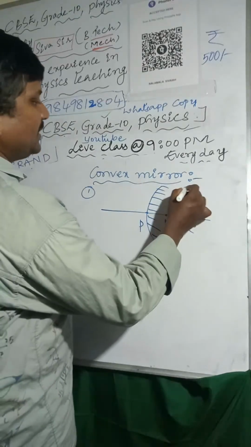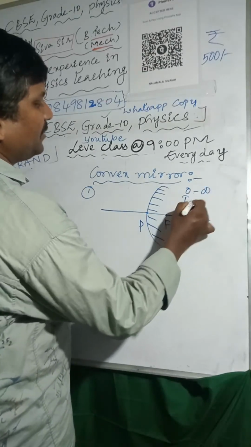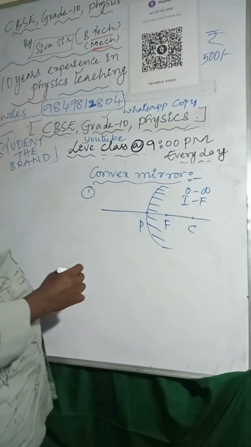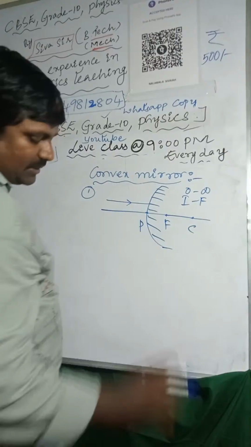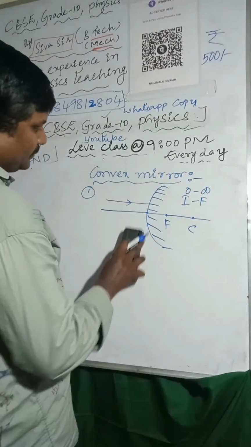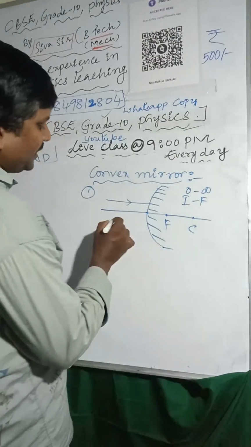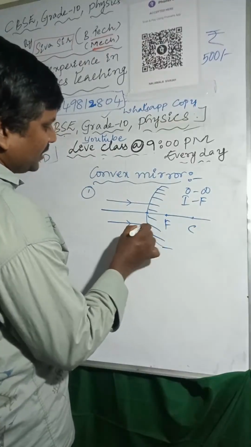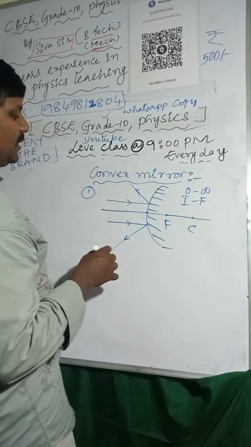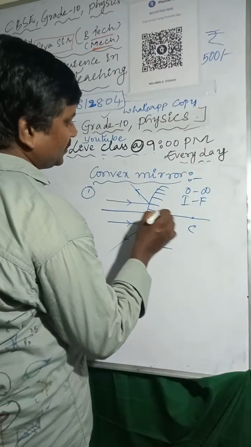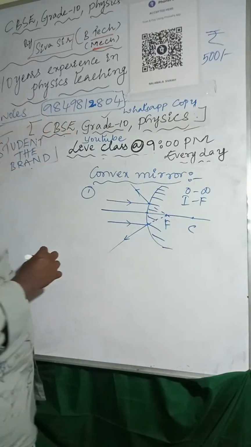So object is at infinity, image will form at focus. I'm taking one light ray like this, and another light ray like this. It reflects back. If you extend those, the light rays will meet at focus.